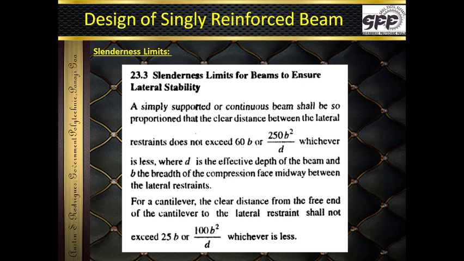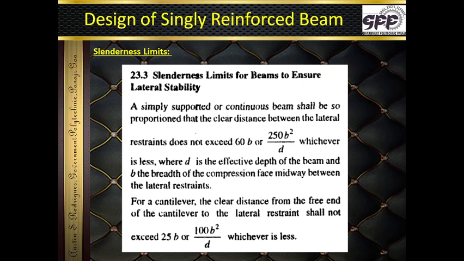For a cantilever, the clear distance from the free end of the cantilever to the lateral restraint, that means where it is supported, shall not exceed 25b or 100b square upon d, whichever is less. So they have given us the conditions for simply supported, continuous, as well as cantilever or overhang.